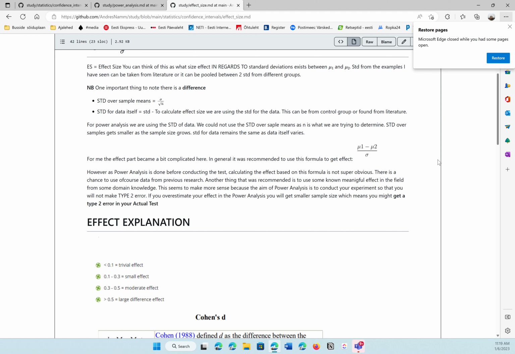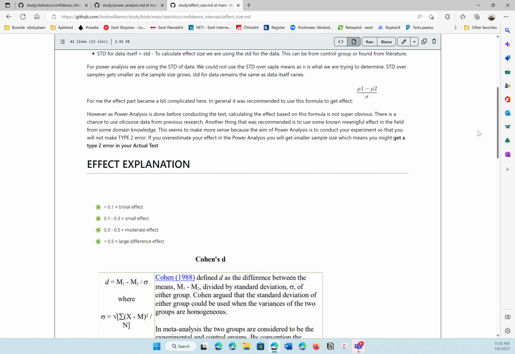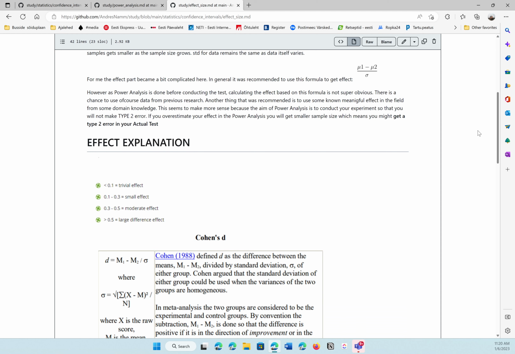We don't want to be able to detect a randomly small experiment effect. We want to be able to detect quite some meaningful effect, and that comes from actually just understanding the data. This is not the same for different experiments, or it's not basically mathematically derivable.